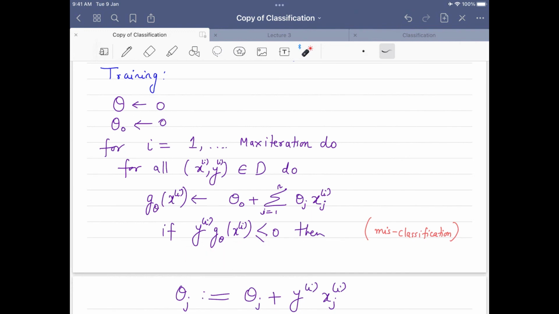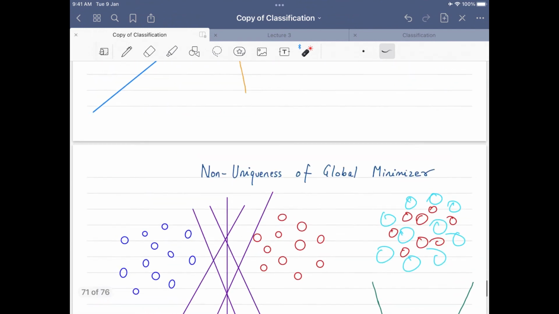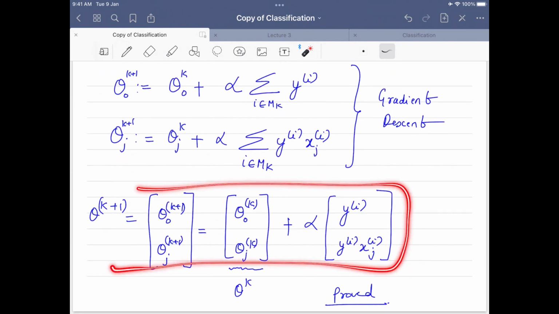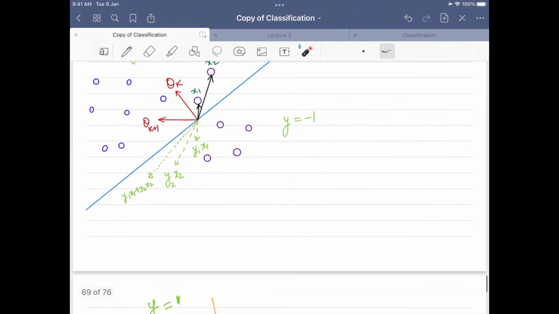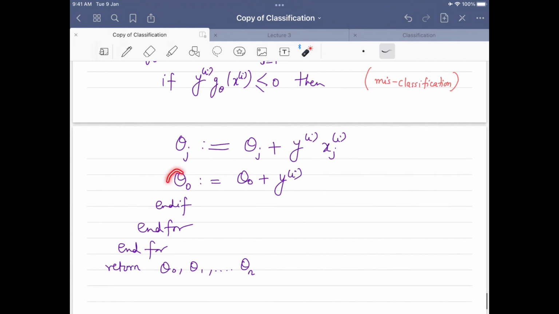So once this condition comes out to be true, then you can use these gradient descent equations which we have derived earlier just before here. If you recall, these are the equations. So you have to use these equations to update the values of theta 0 and theta j.